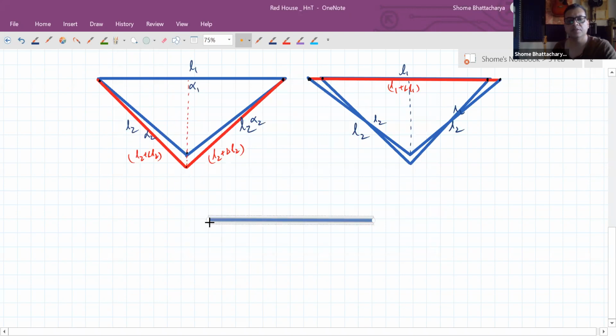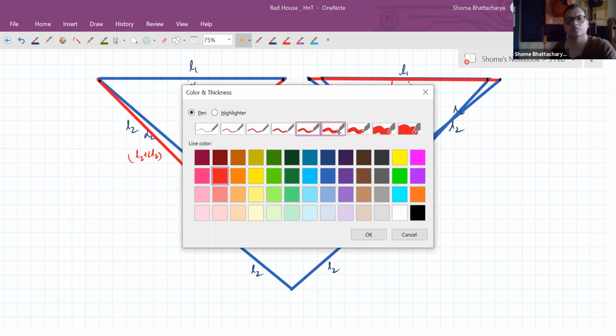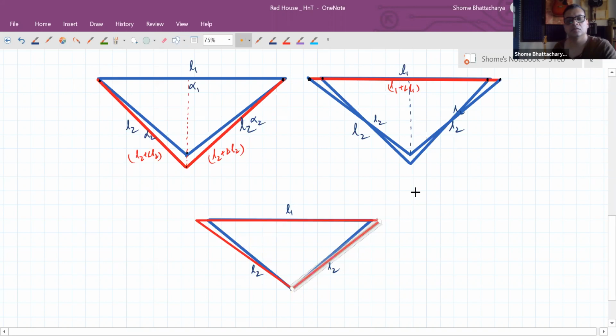If at the original temperature the shape of the triangle is like this, and we increase the temperature now, the shape of the triangle changes to this. It changes in such a way that the triangle expands in length for all three sides, but the altitude remains the same. This is the situation we are looking for.